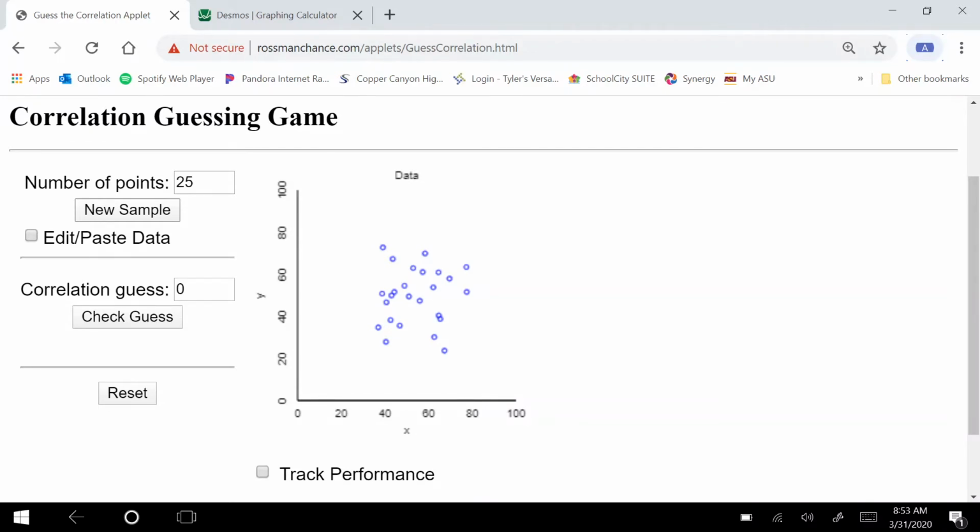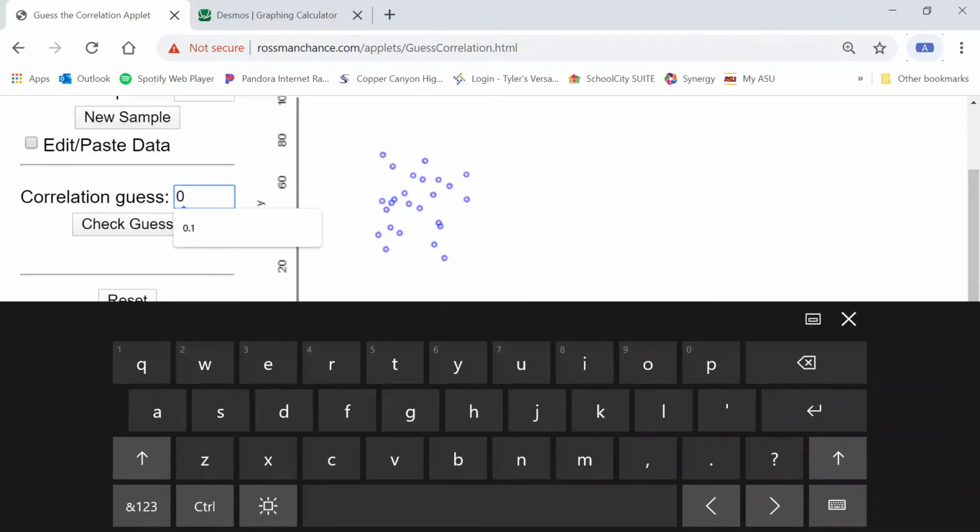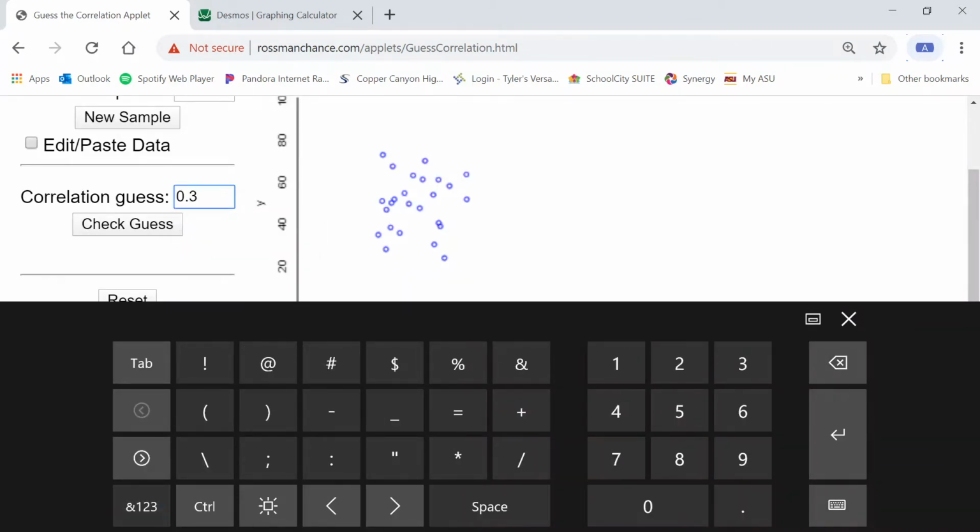So I think this is positive. It's slightly going up from left to right if you look at most of these points. But it's not really on a straight line like the last one, so it's not going to be 0.9, 0.8, 0.7. I'm going to say this is closer to 0.3. And again, I might be a little bit off.